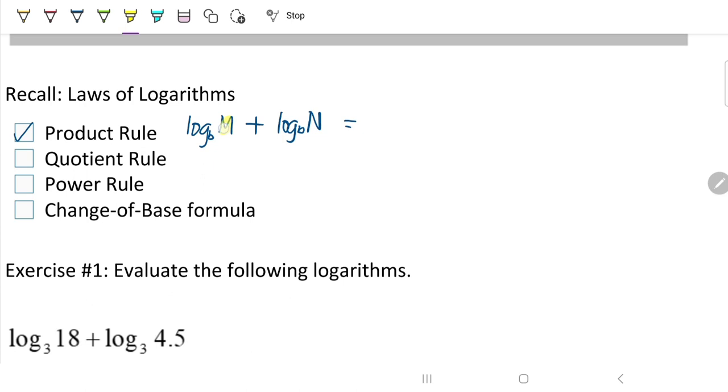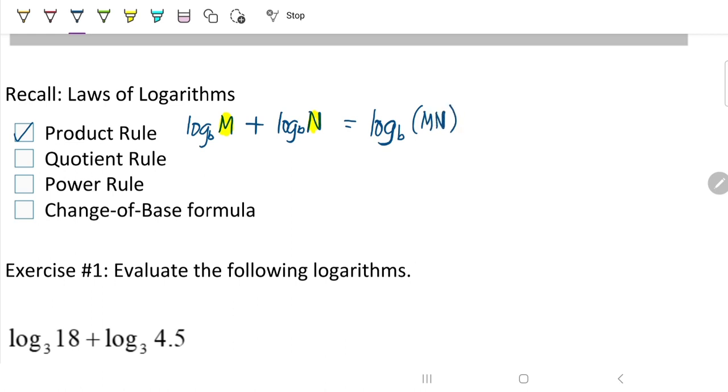So again, the arguments here are m and n. Okay, so the product rule states that this is equal to log base b of the product of m and n.